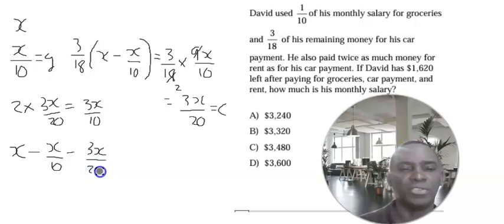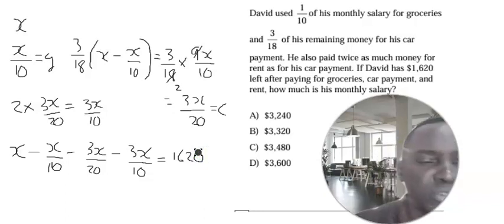Then the last expenditure is minus 3x over 10. This is equal to 1,620. Do you understand that? So our duty here right now is to solve for x.